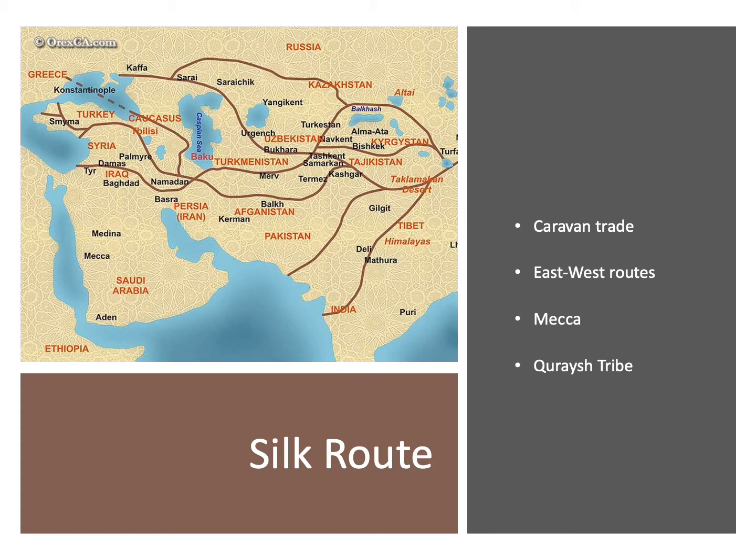For a variety of reasons, and this early period isn't terribly well documented, we know that the Quraysh tribe, which is centered in the city of Mecca, becomes very involved in this Silk Route. So what the locals do is they hire their services out, sometimes not exactly voluntarily, as protection.